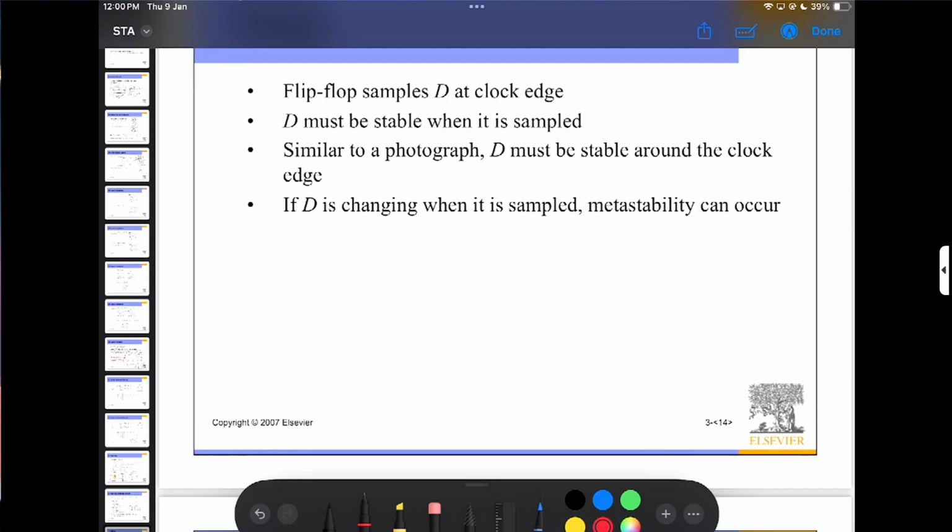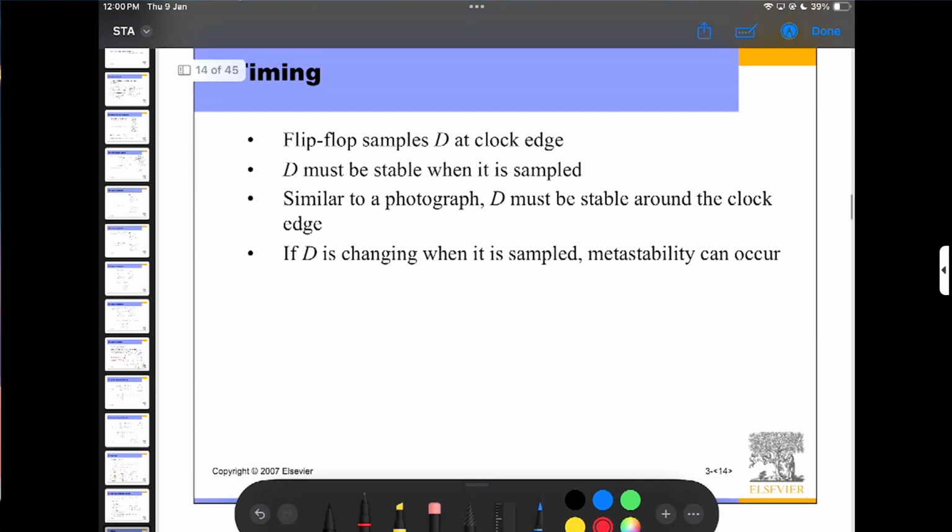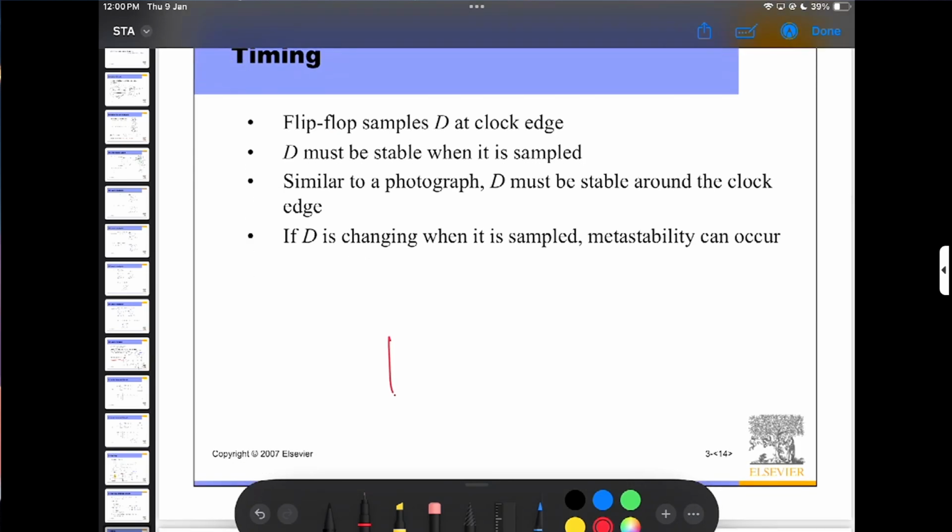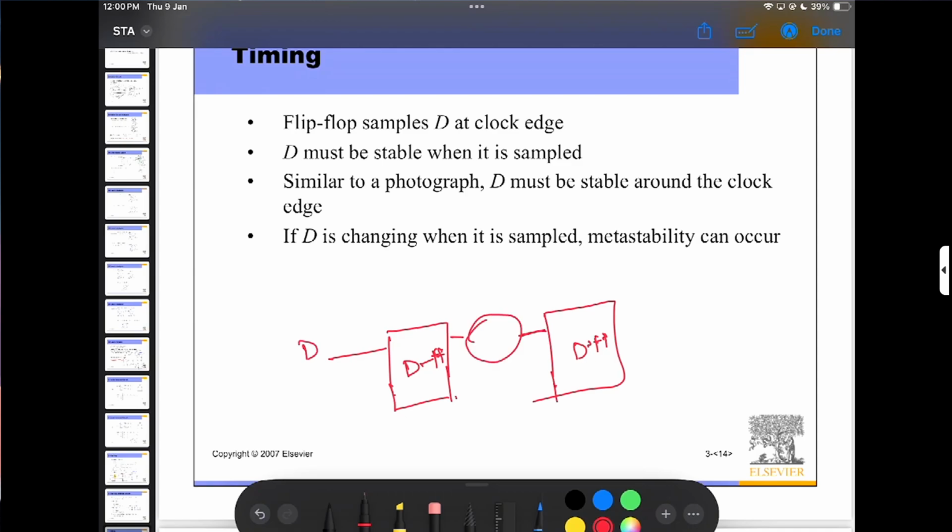Now it comes to static timing analysis. Here we have two flip-flops, a D flip-flop here and also a D flip-flop here. We give the input D, and here some combinational circuit will be there, with some combinational delay and operations, which goes to the input here.